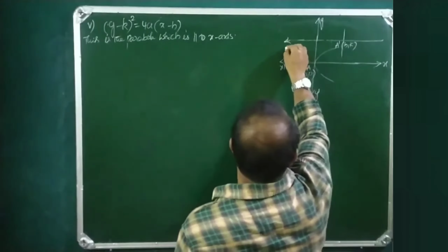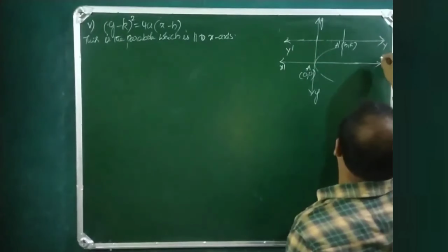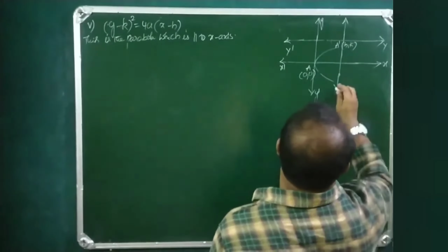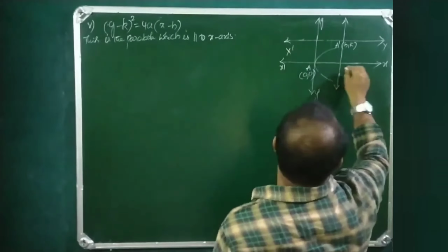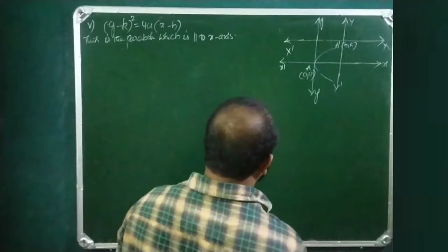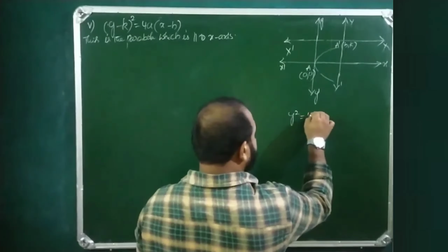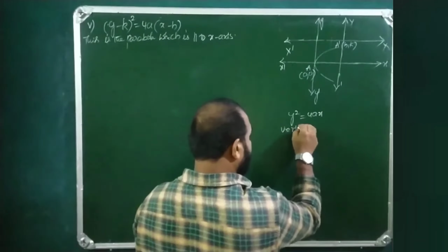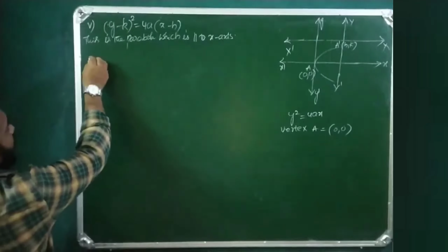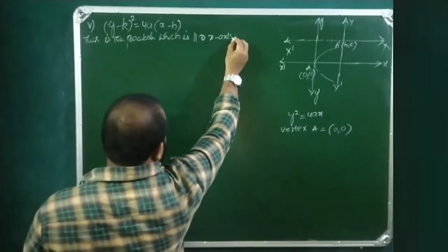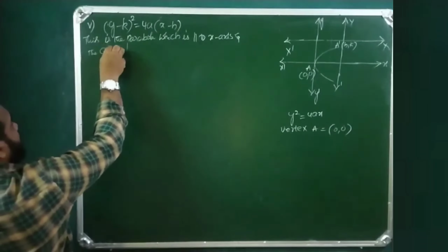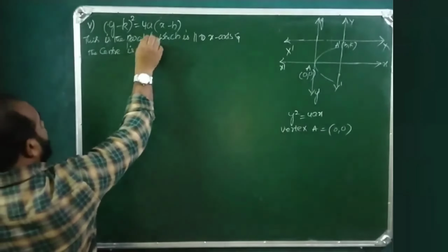Now this is capital Y dash Y, and this is X dash X, and this is Y dash. Now for y square equals 4ax, what is the vertex? A, that is 0 0. So here, the parabola is parallel to the x-axis, and the center is at other than the origin.